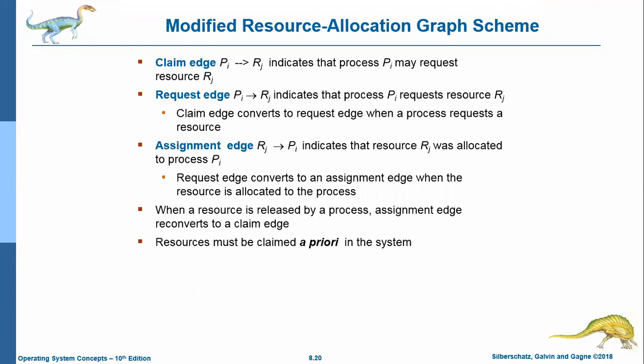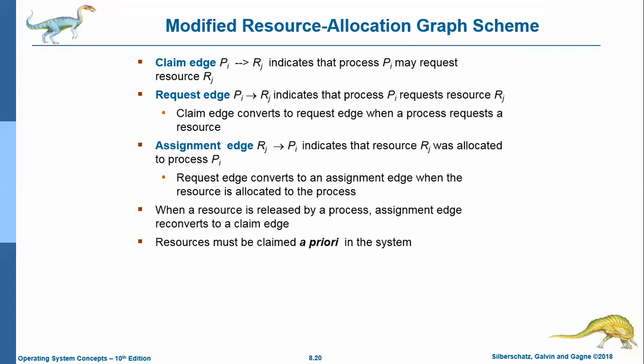The second type of edge is the request edge. Request edge is also a directed edge from process Pi to resource type Rj. This edge means that process Pi is requesting resource Rj. Claim edge converts to the request edge when a process requests a resource.